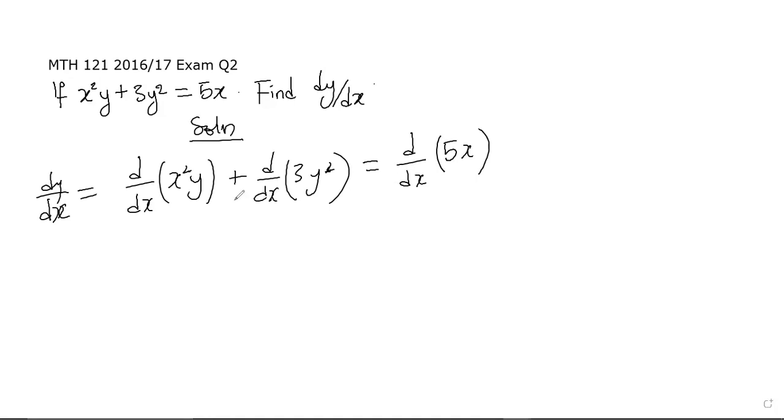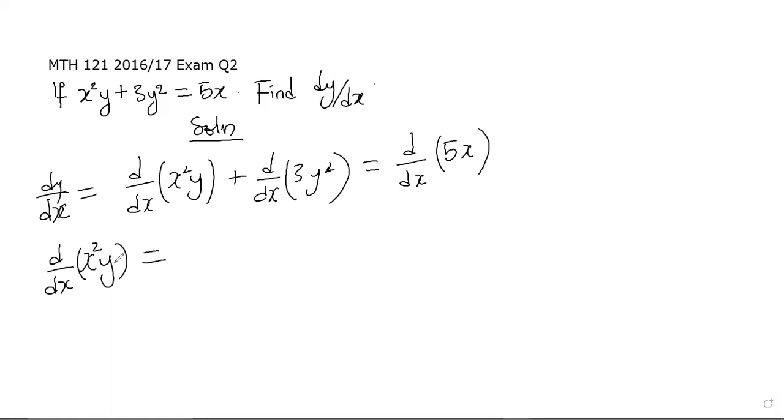So now I'm going to differentiate this term by term so that you see how it looks. Let me start with this one here. That's d/dx of x squared y.